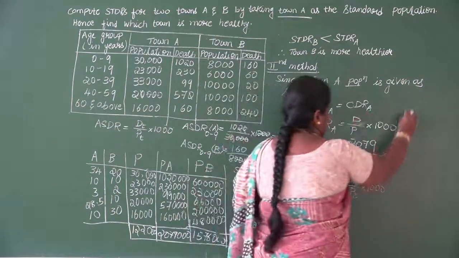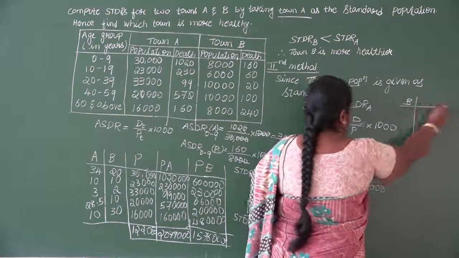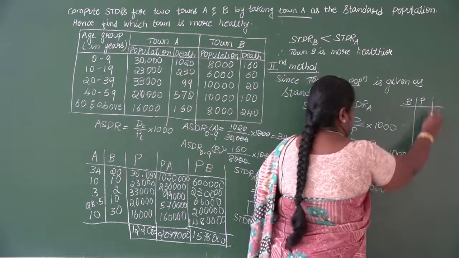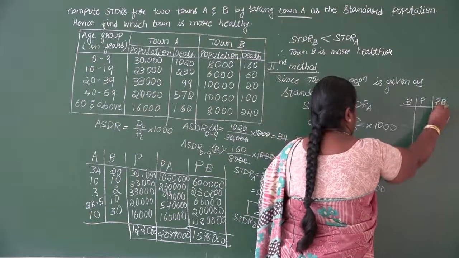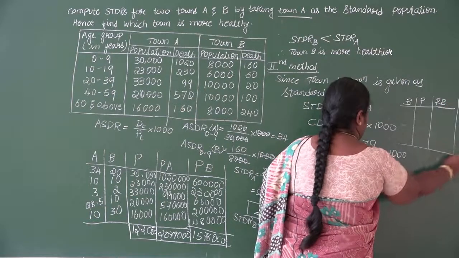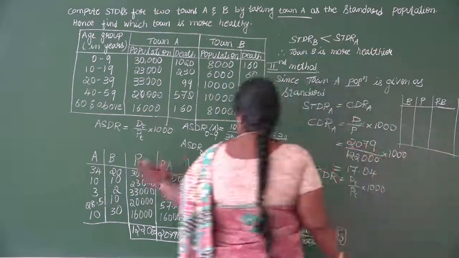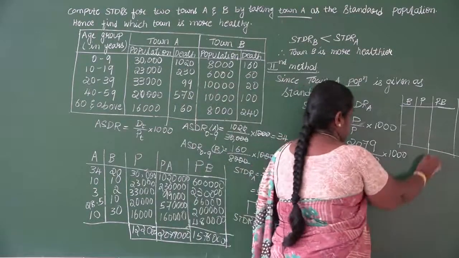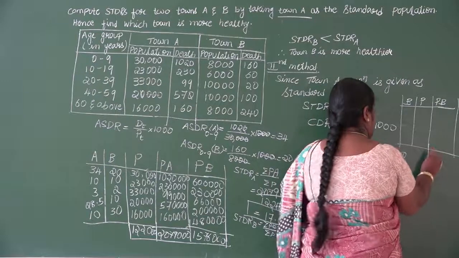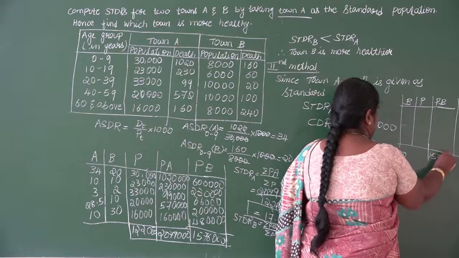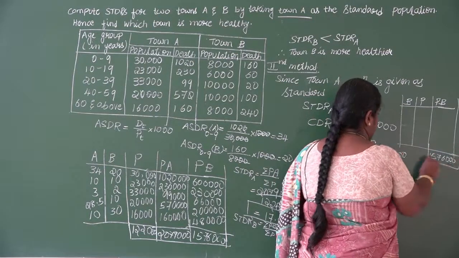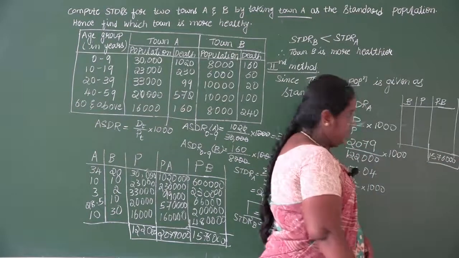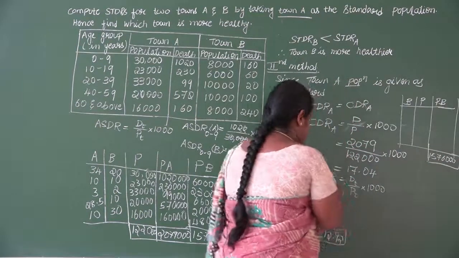So here we have to calculate B, then P is given in the question, then PB. So all the values are here, so I'll not be writing it once again. So what was the PB value? It is 1576 and 0 zeros. So you can write down from seeing that side. So it is 157600.